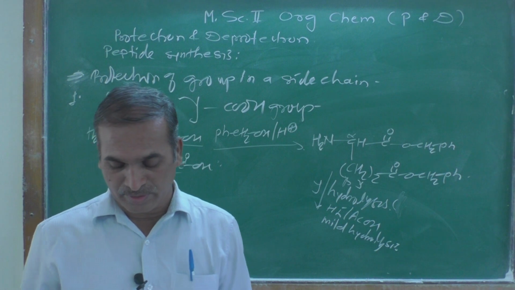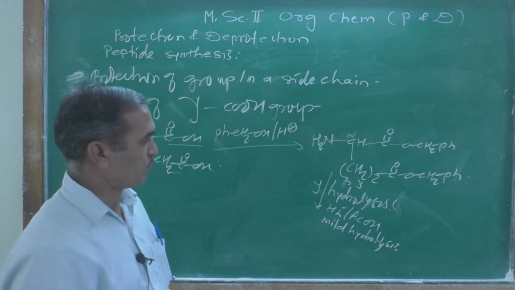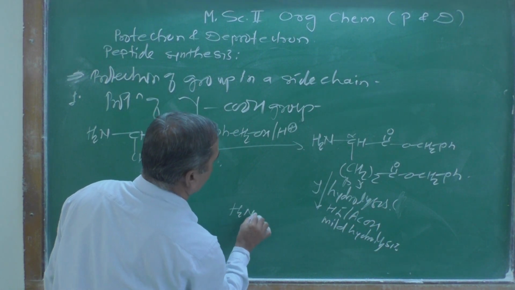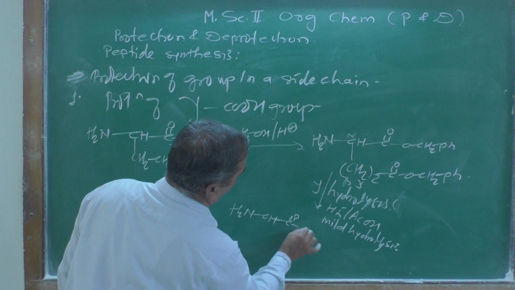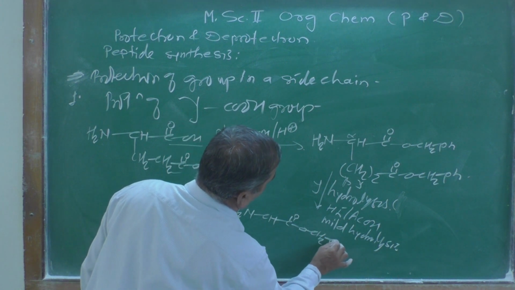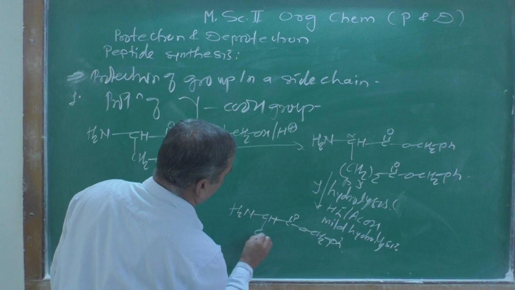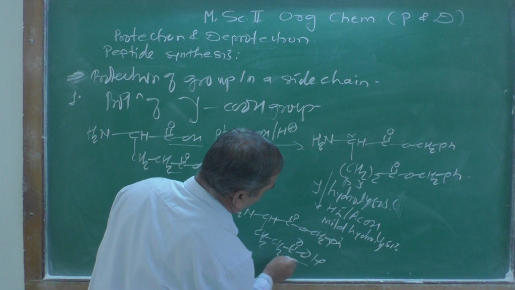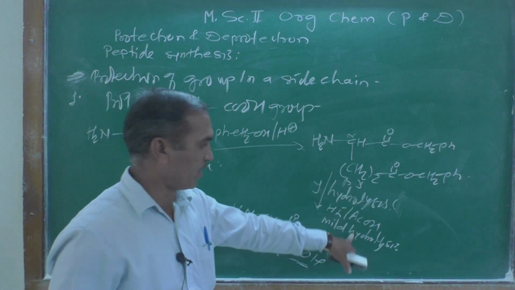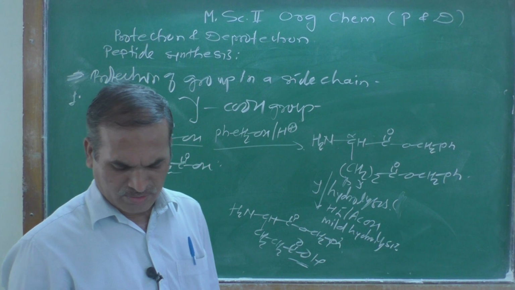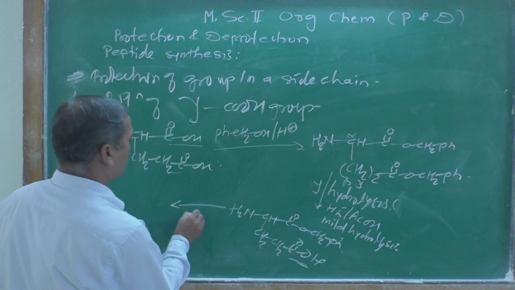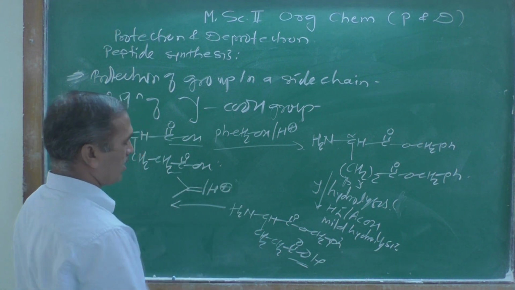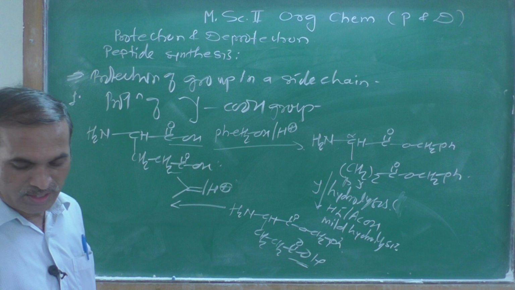Specifically the gamma group gets hydrolyzed, and we get the product selectively: H2N, CH, C double bond O, CH2Ph, then CH2, C double bond O, OH. This group is now free, and it is further treated with isobutylene, or 2-methylpropene, in the presence of H plus.